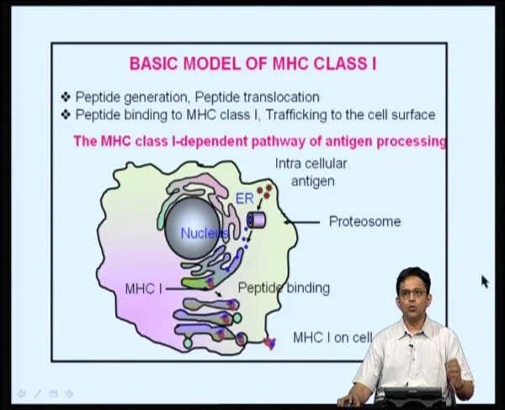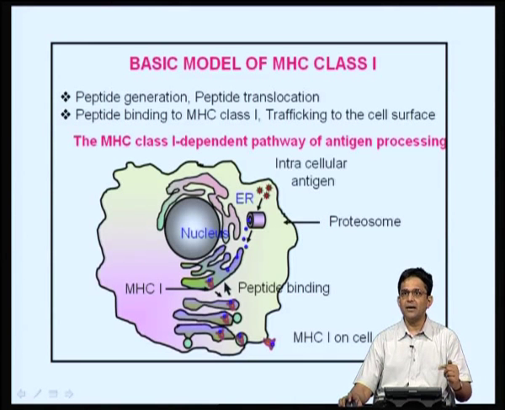Just to go over the basic model of MHC class 1, you have intracellular antigens or proteins that are generated within cells, or, upon infection, antigens such as viral proteins. These are degraded by the proteasome, and the peptides that are generated in the cytosol need to be translocated into the ER.